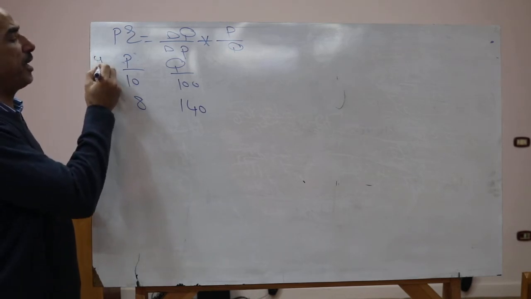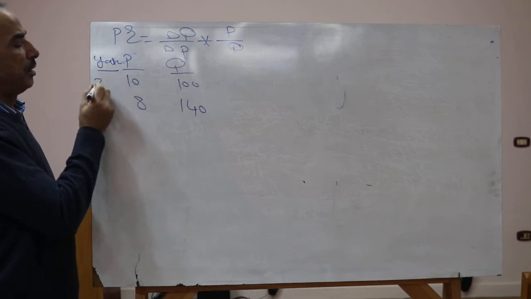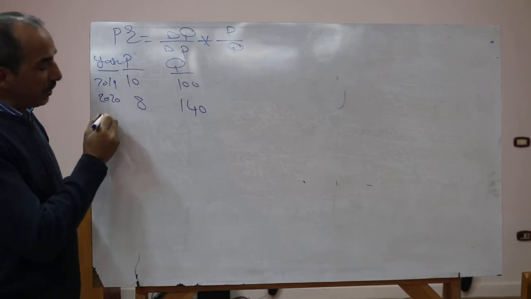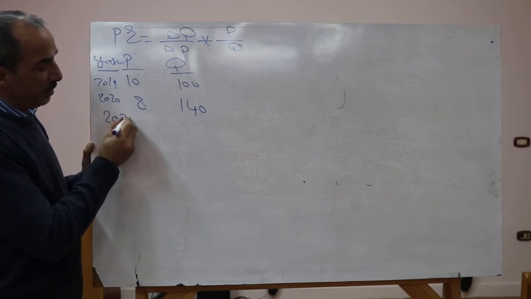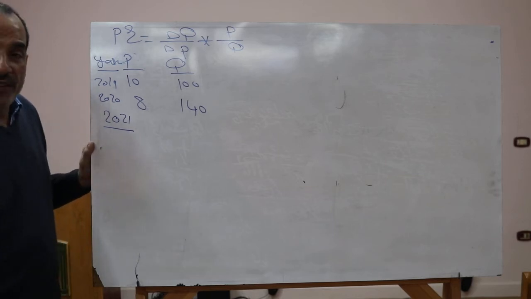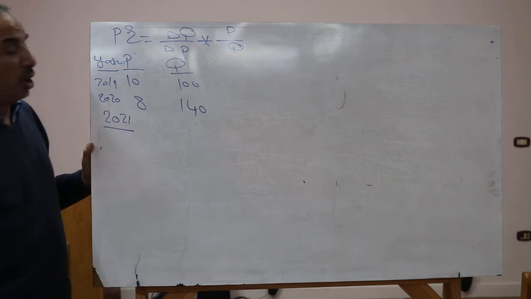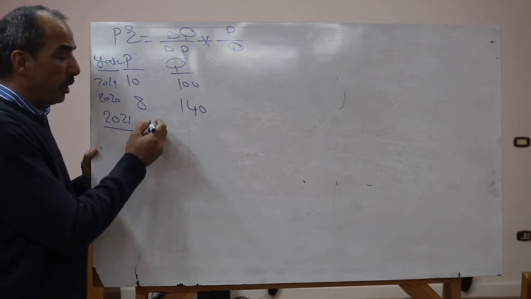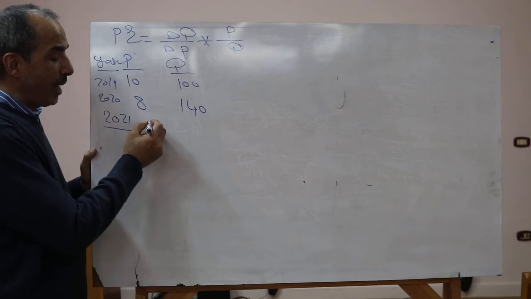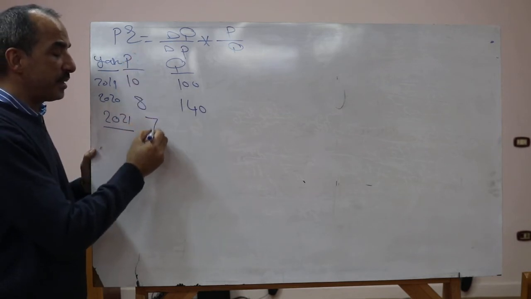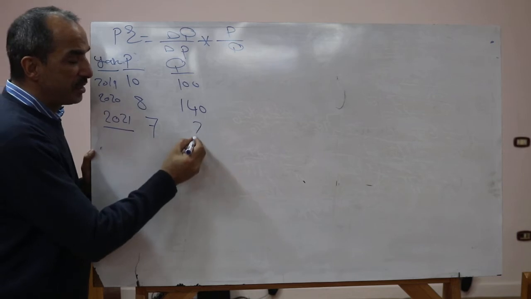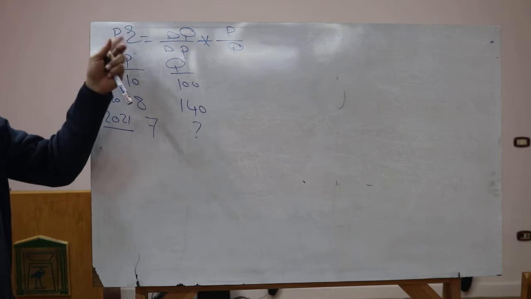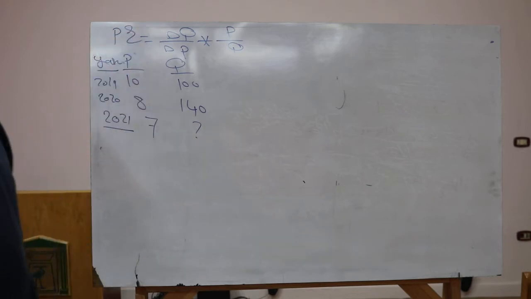This is year 2020, and what is the quantity, what is the demand in 2021 once the price decreases to $7? Okay, we use price elastic to expect the product.